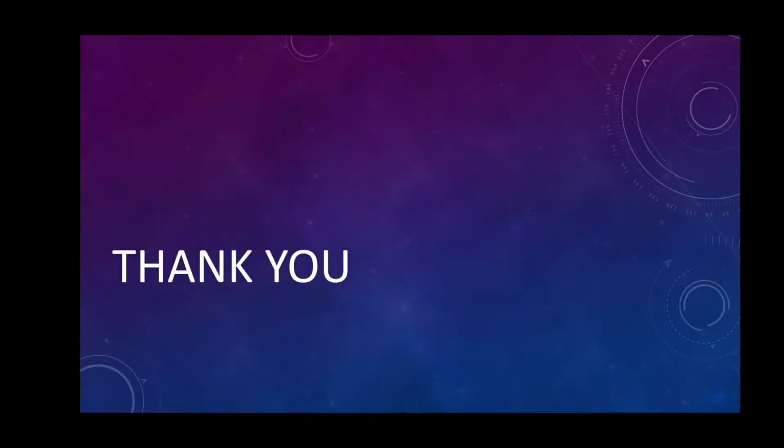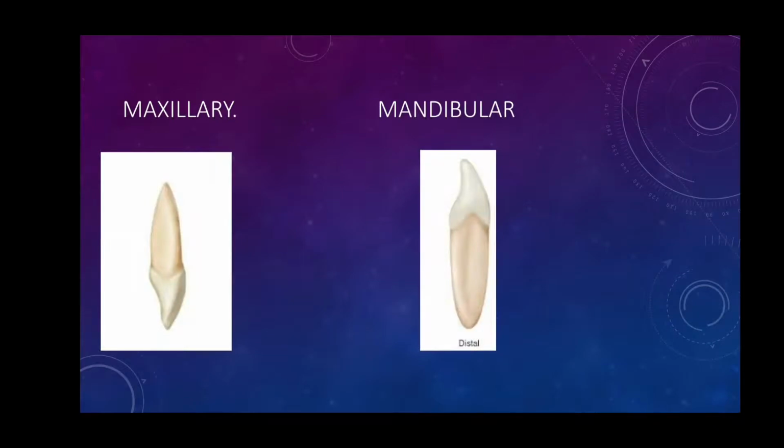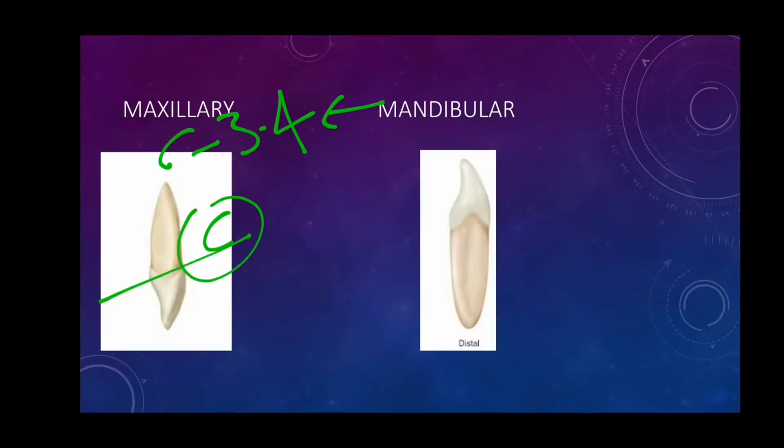Then coming to some chronologies of the maxillary and mandibular incisors. For maxillary incisors, first calcification occurs at 3 to 4 months, and this also 3 to 4 months. Crown completion will be different. For the maxillary, crown completion takes place at 4 to 5 years, and this also 4 to 5 years, somewhat earlier.